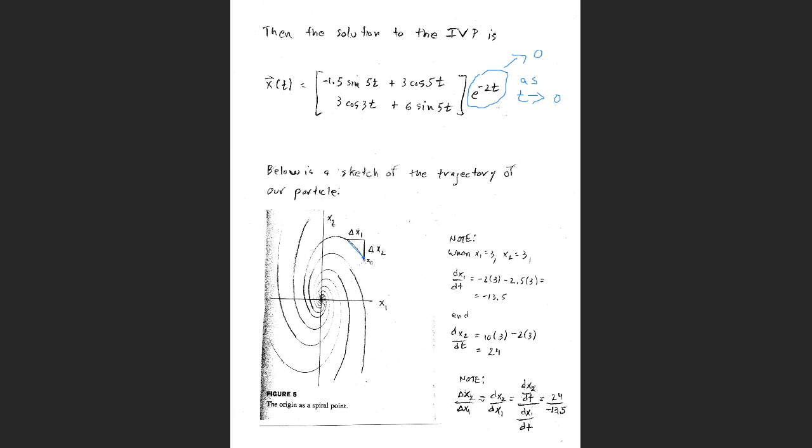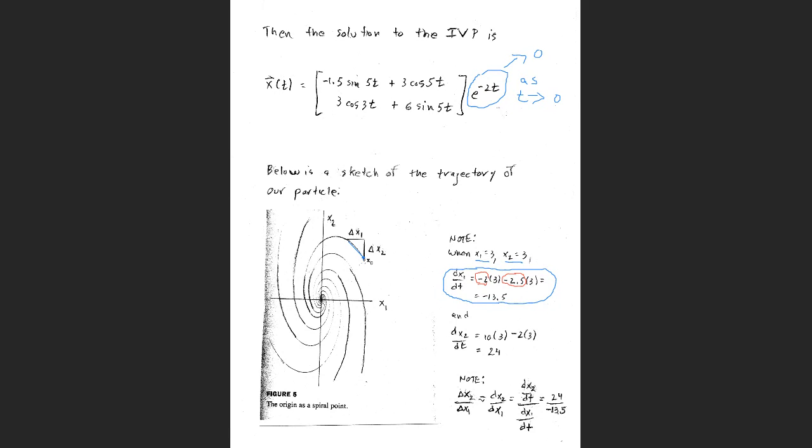What I've done here is I've written down dx1/dt when I'm computing the derivative when x1 is 3 and x2 is 3, right at that initial point. And of course, these numbers, the -2 and the -2 and the -2.5, come from our matrix A. So at (3, 3), dx1/dt is -13.5.